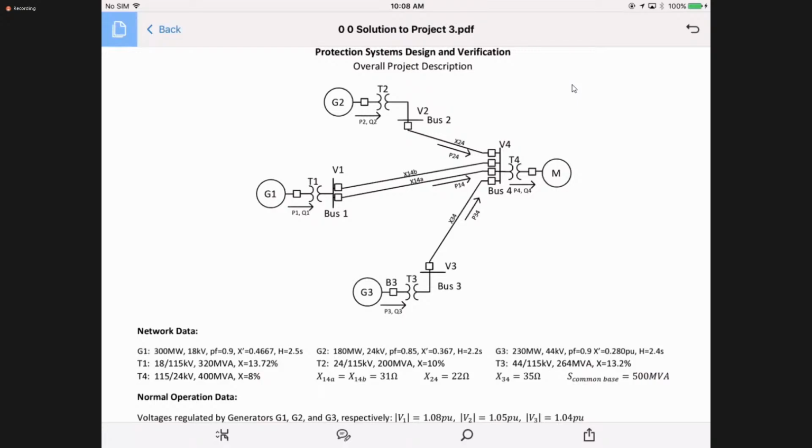Okay, let's continue. Another question is similar to your project number 3.